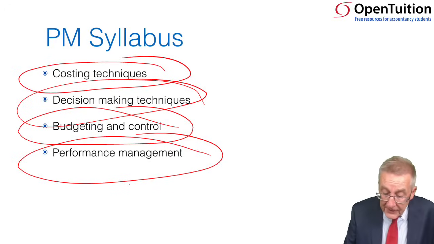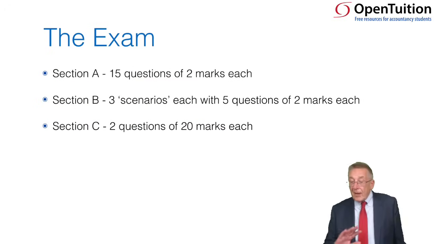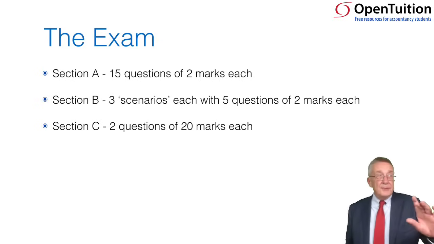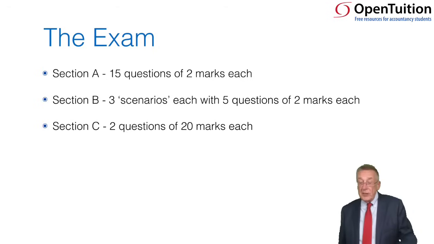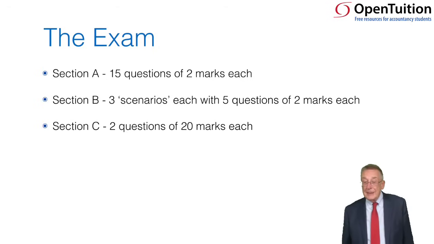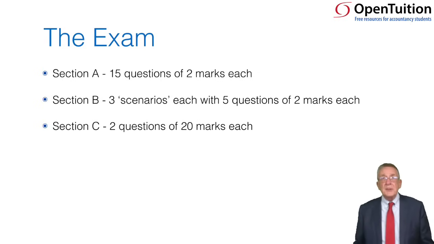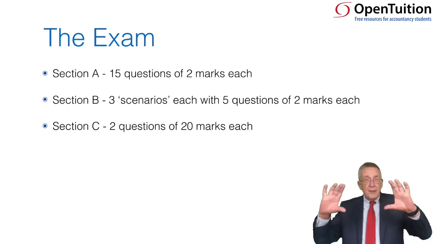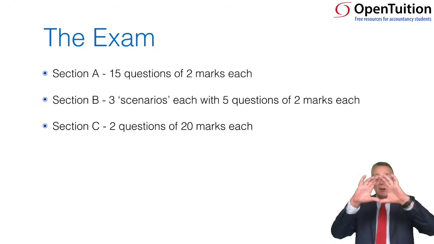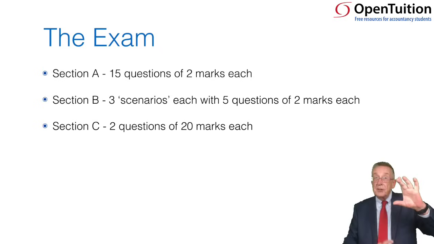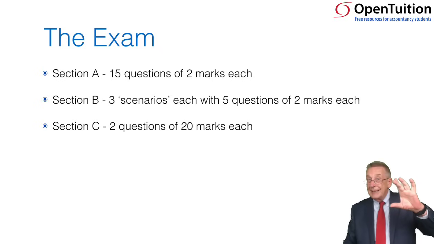As far as the exam is concerned, the structure, there are 3 sections to the exam. Section A, there are 15 short questions, each of which is 2 marks. Section B is what I call 3 scenarios, where there's more information, but then on one bit of information, there are then 5 short 2-mark questions.